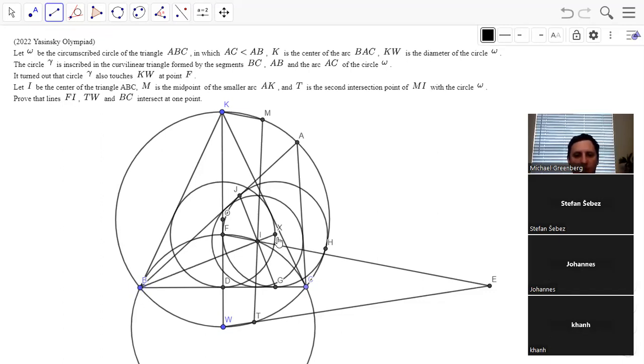Also, we can use the fact that we have a power of a point, so XF squared is XI times XB. Okay, maybe to get some angles. So XF squared is XI times XB.